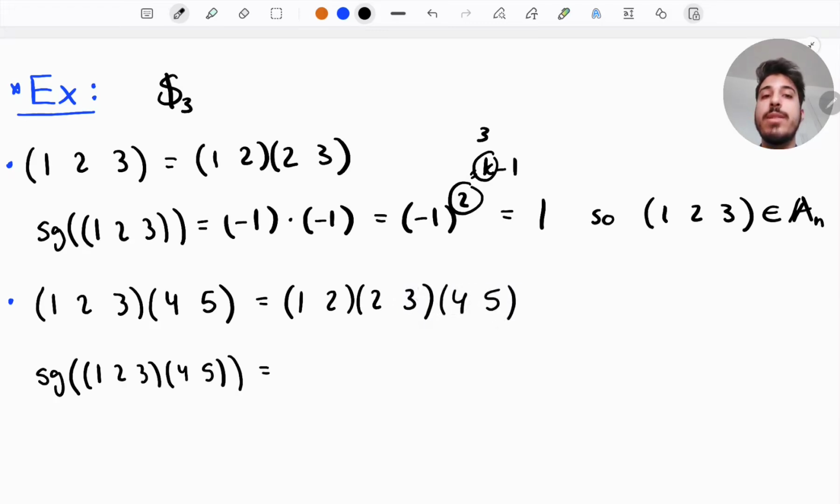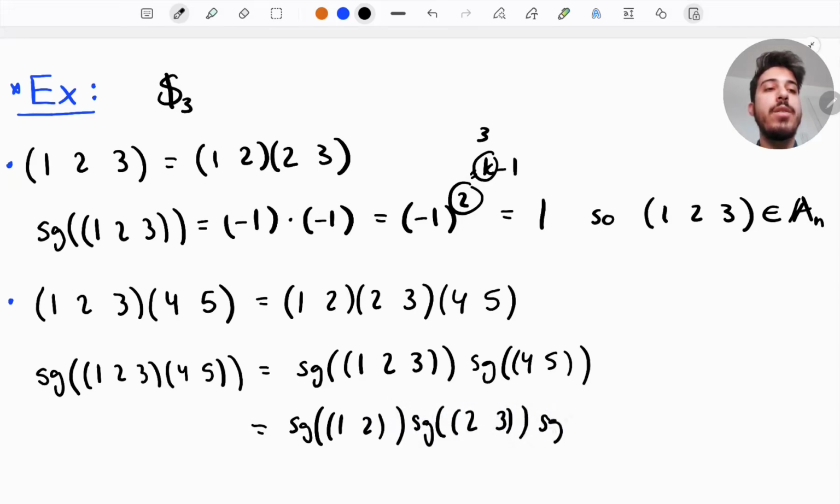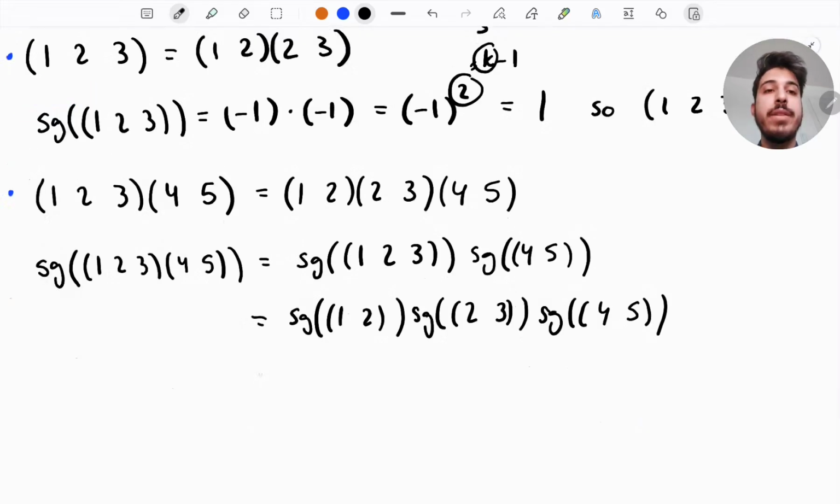So the sign can be decomposed, because it's a homomorphism, into the sign of (1 2 3) and the sign of (4 5). And the sign of (1 2 3) is just the sign of (1 2), the sign of (2 3), and the sign of (4 5). And this equals -1 times -1 times -1, which is equal to -1.